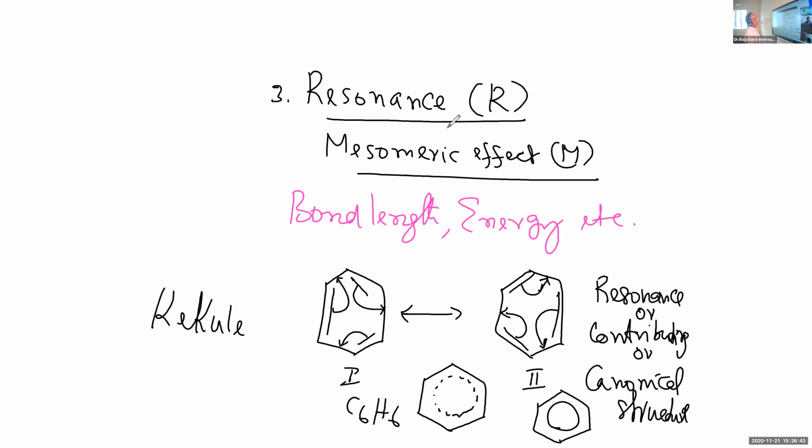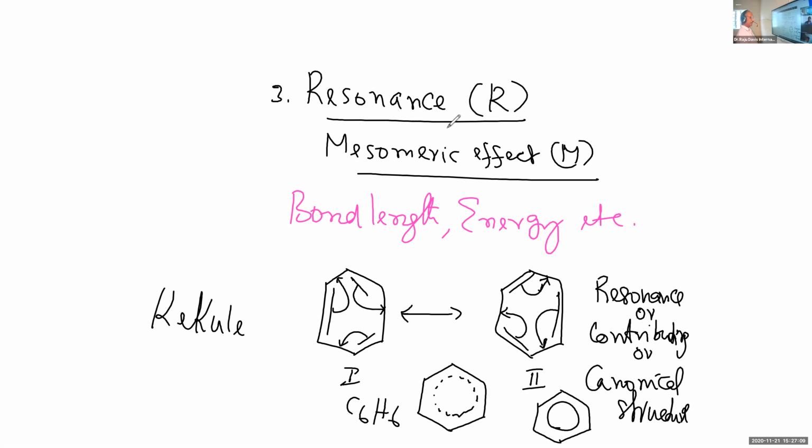And the various structures are called the resonance structures, or contributing structures, or canonical structures. And the actual structure is a hybrid. We call it a resonance hybrid of the various structures.